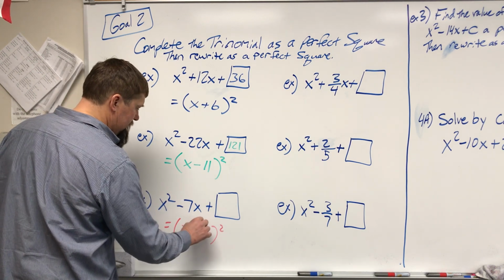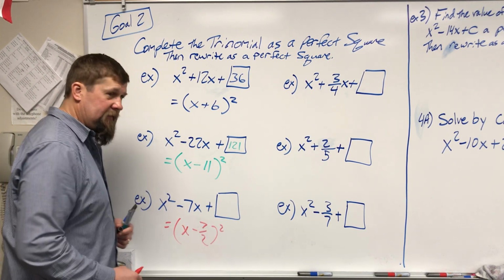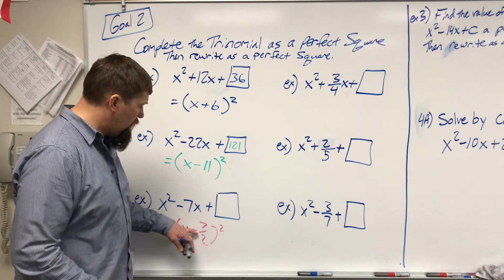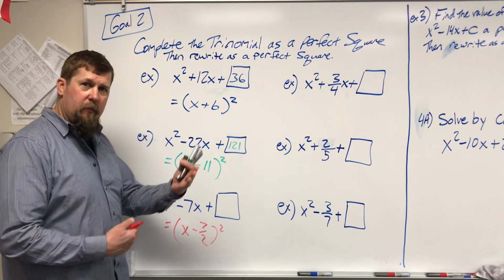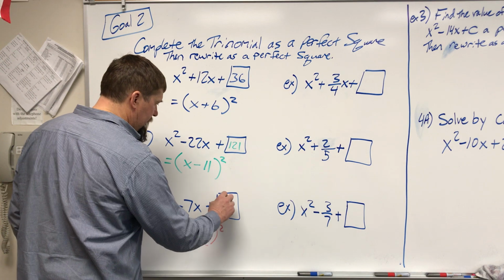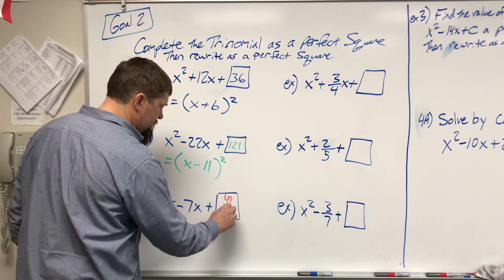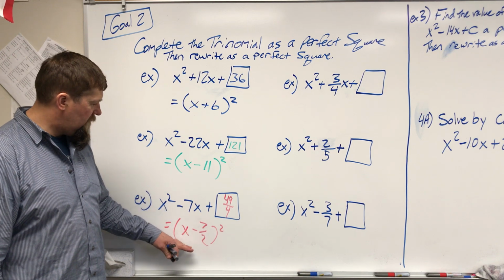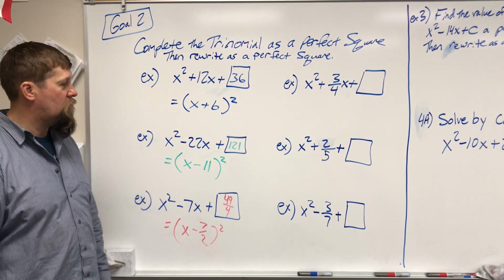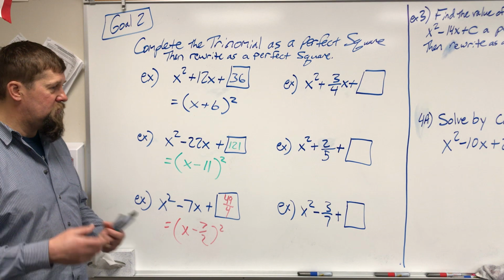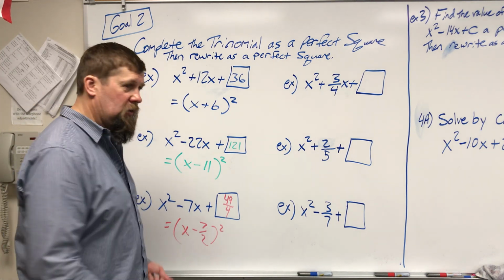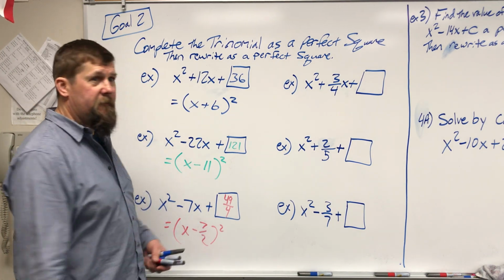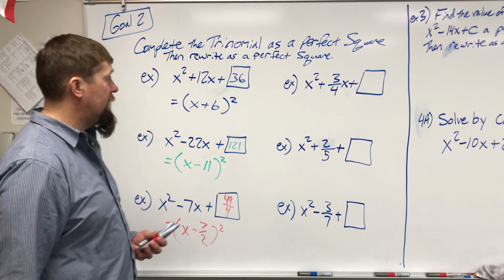So x minus 7 halves. We're going to leave it as a fraction. When we square a fraction, we square both the top and the bottom. So that is going to be 49 fourths. There we are. We have a perfect square trinomial written as a perfect square. So try not to use a calculator. Try not to go to decimals. Leave them in fraction form, and you'll see why later.